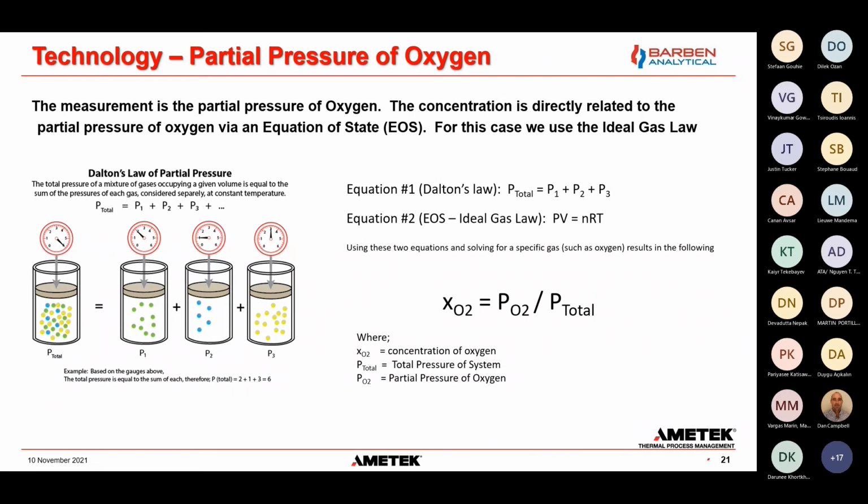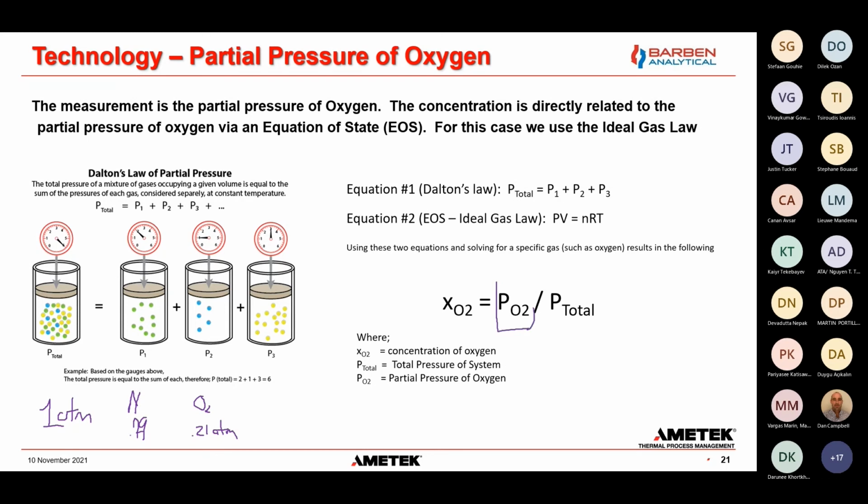If this was air, for instance, at 1 atmosphere at sea level, then the nitrogen would be 0.79 and the oxygen would be 0.21 atmospheres partial pressure of oxygen. Once we know the partial pressure, that's what we measure, and we do this by the ideal gas law.